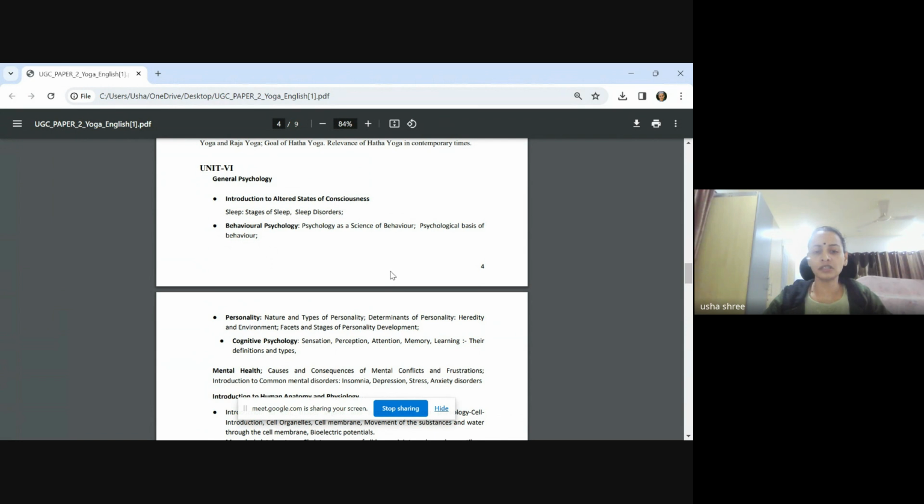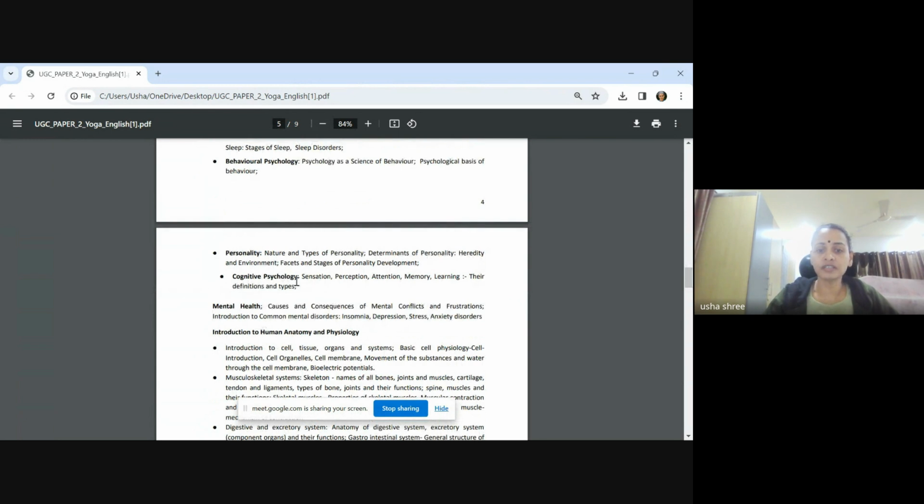Here, what you would see is there are different psychologists, psychiatrists, and scientists who have put together different kinds of psychological concepts. So all those concepts given by different psychologists, you will be studying here. Okay, the personality concepts. And then what is cognitive psychology?